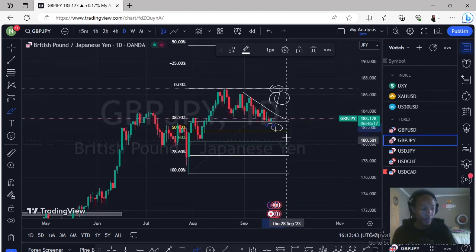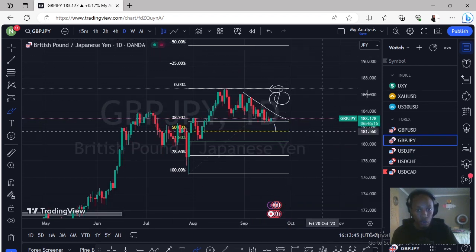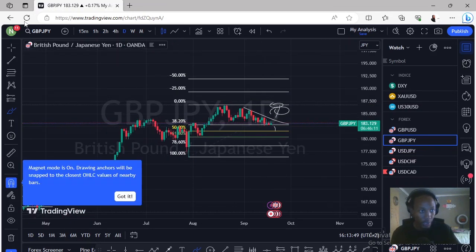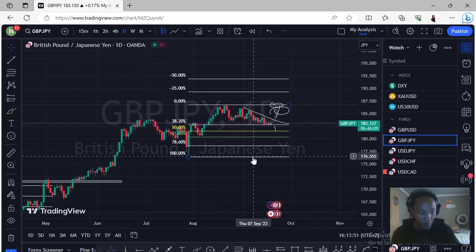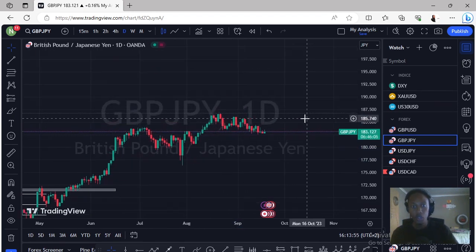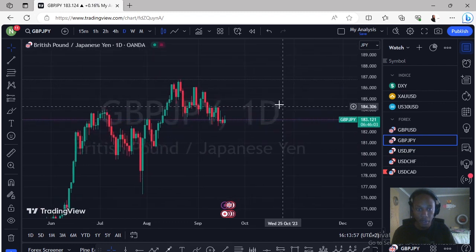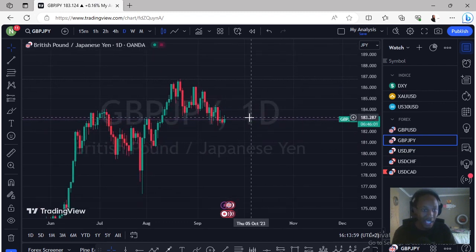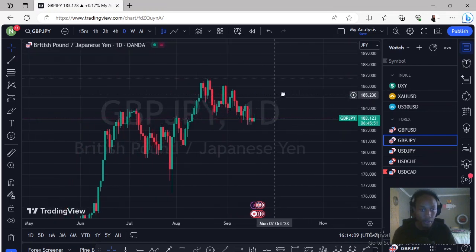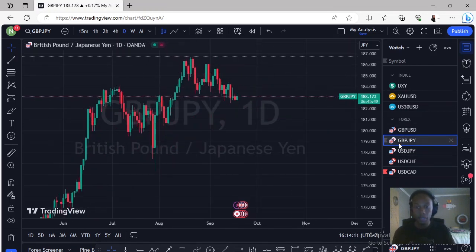But then we can also take the small moves whilst waiting for the big move. So that's what we have at the moment. I can't take any entry at the moment because of what price action is telling me.